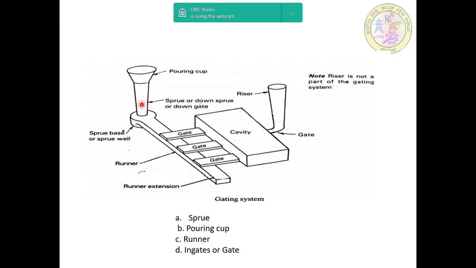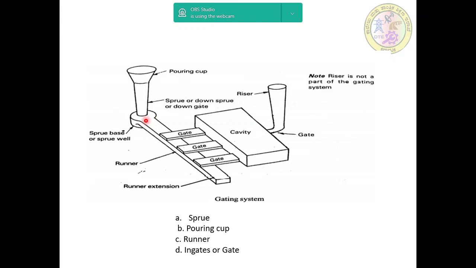The sprue has a tapered cross section, as shown here, with its bigger end at the top connected to the pouring cup, and the smaller end connected to the runner.